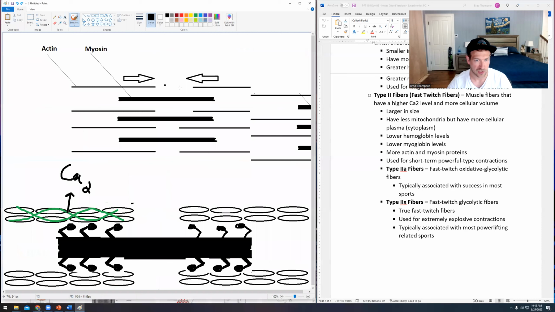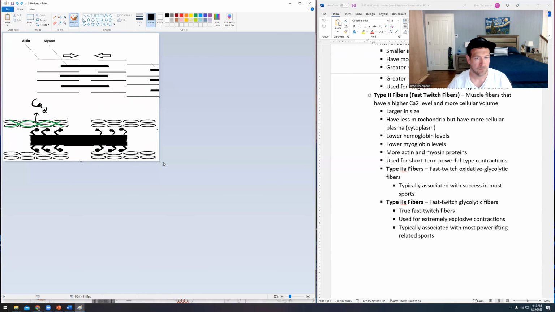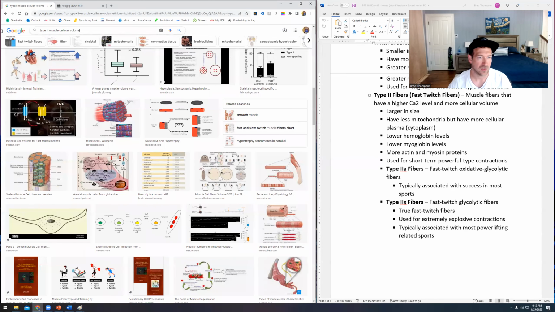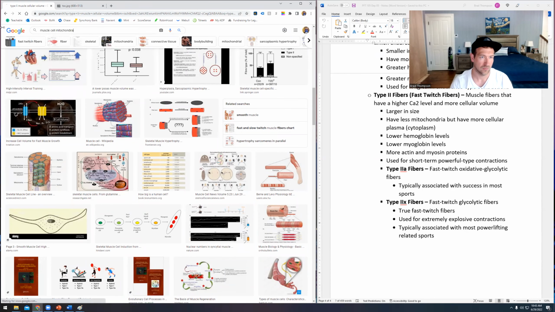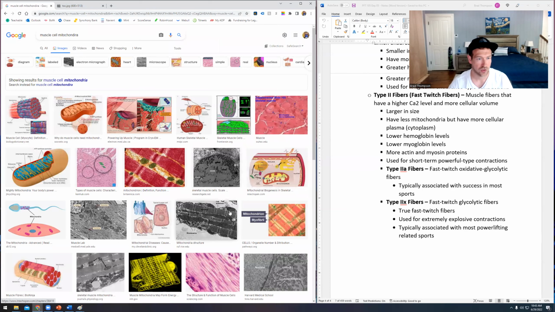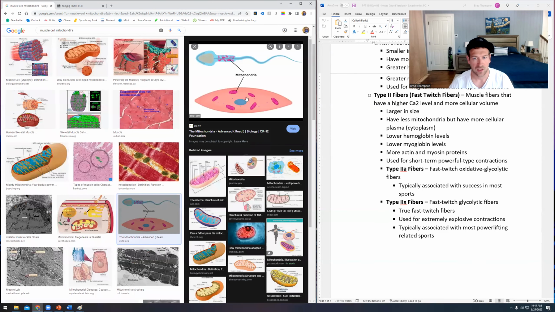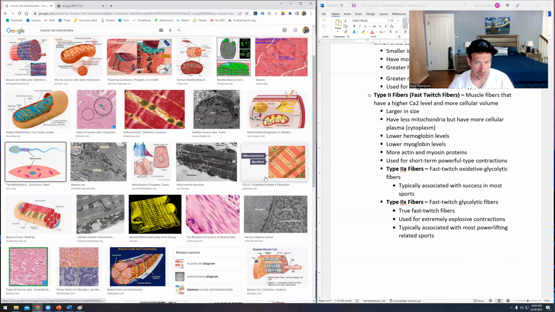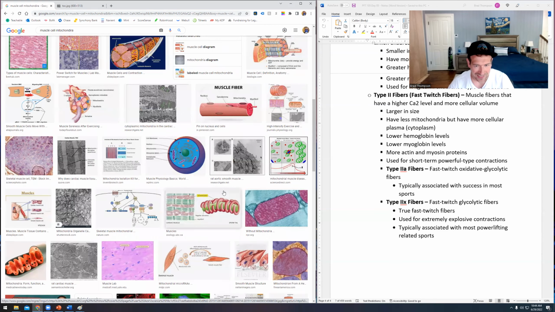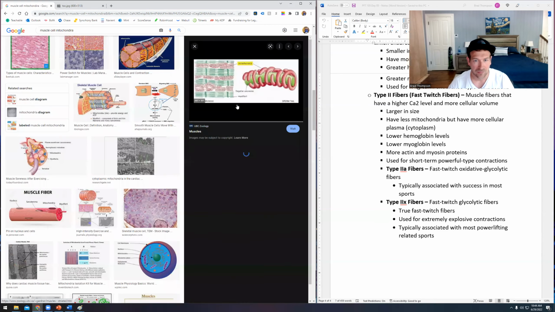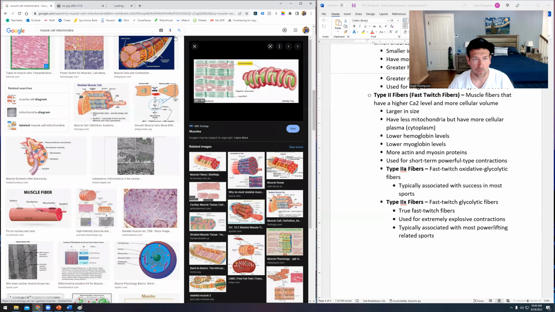We'll just go to our picture here. Muscle. So, there we go. That's a sperm cell. Why can't I find the pictures I want today? That'll work. There we go.